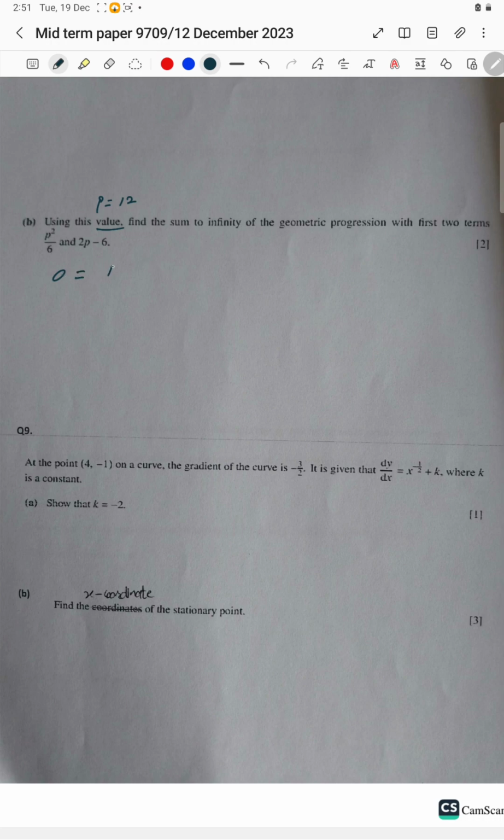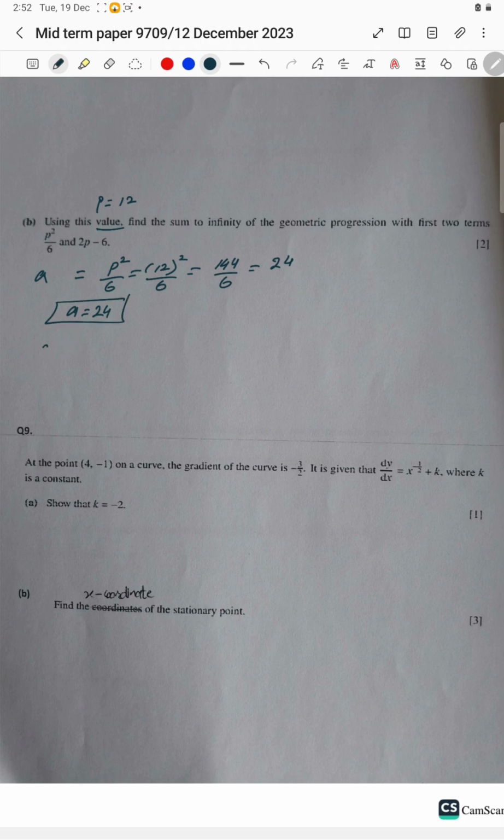A is what? p square by 6 means 12 square by 6, 144 by 6, 6 twos are 12, 6 fours are 24. Okay, we can get the first term. In geometric progression, the first term was a, so the value of a is 24.